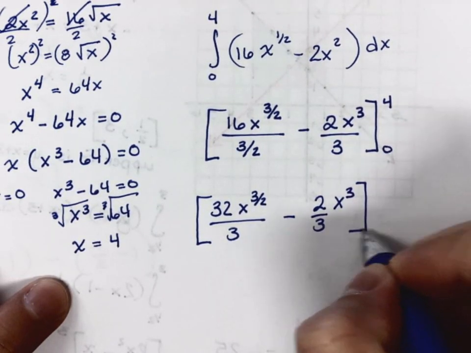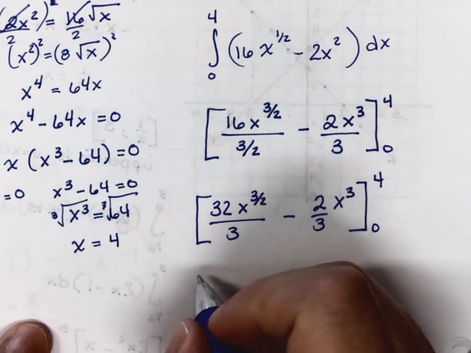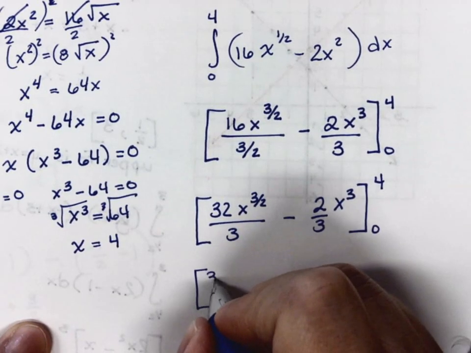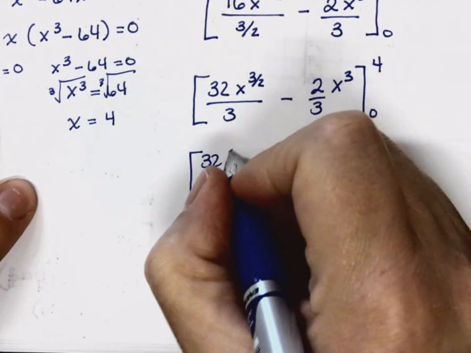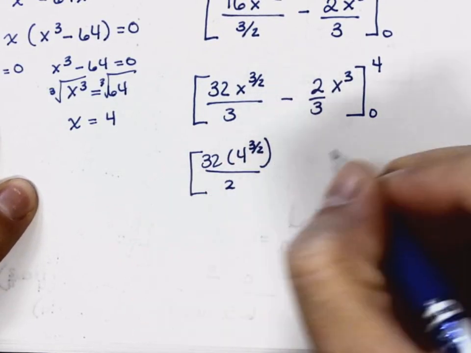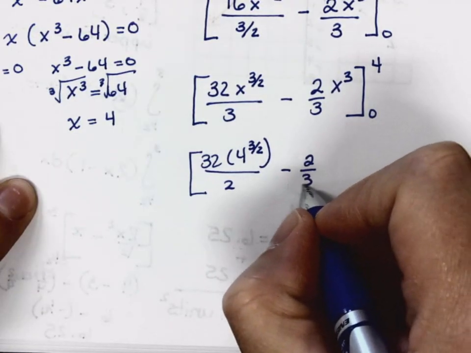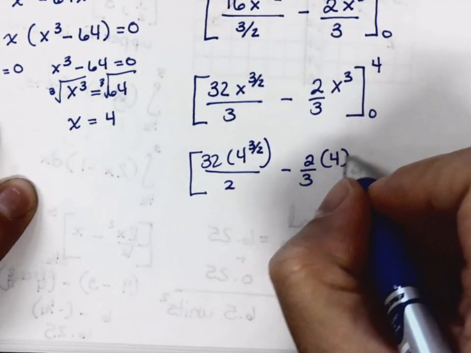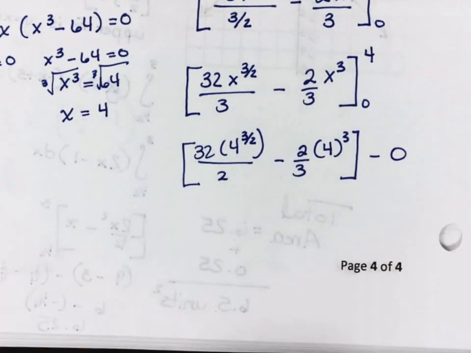Well, thank goodness we have a lower limit of 0. When we substitute 4 in, oh, am I off the page? Sorry, I have a tendency to do that. And I know my lower limit is 0, so a couple of quick things.